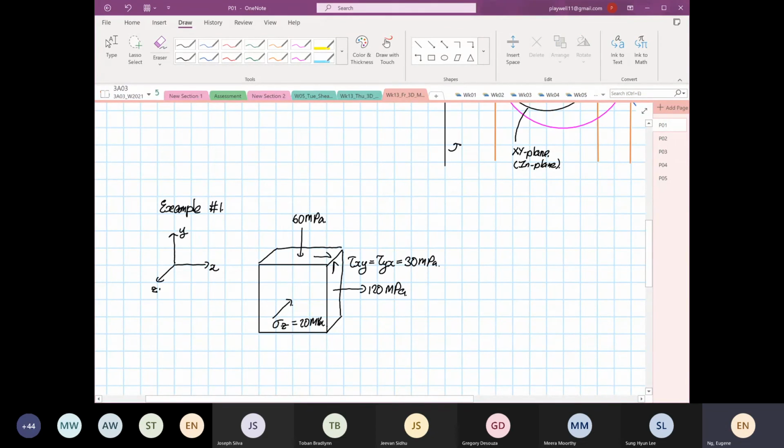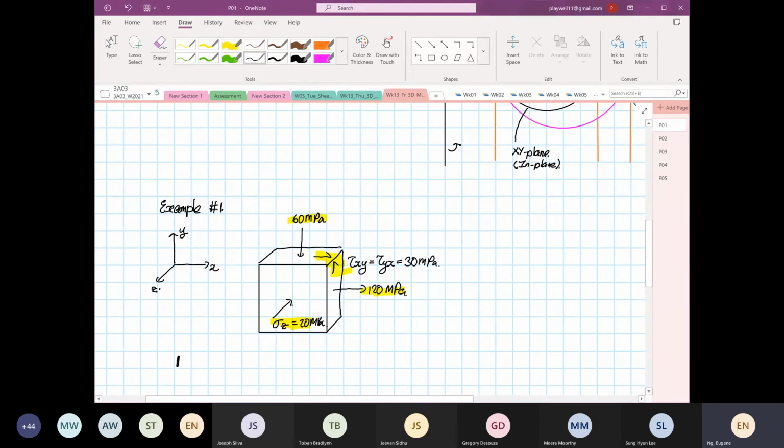So the first thing we do, we label. What is unique about this question is that we have a shear, and we have X, Y, and Z normal stresses that are not equal to 0.